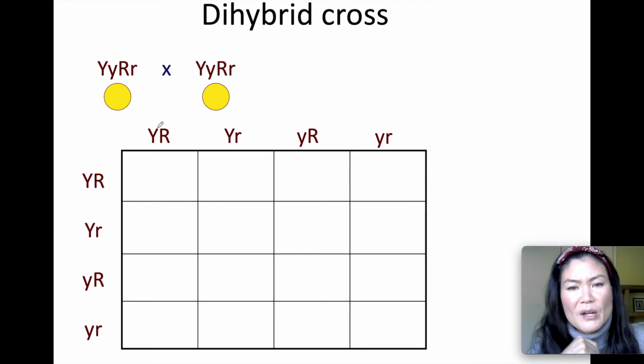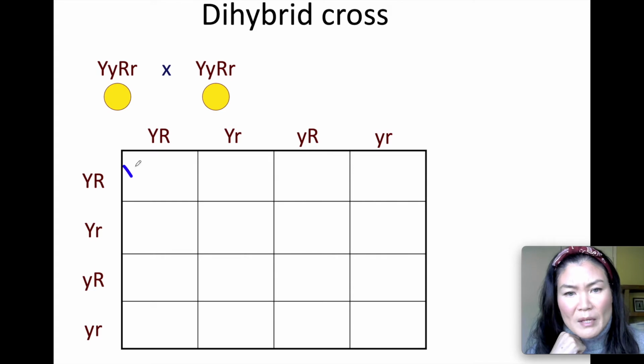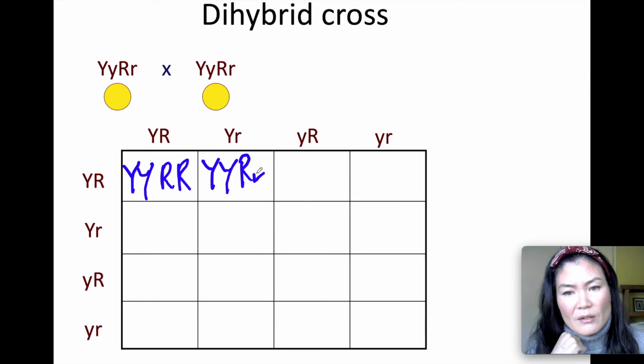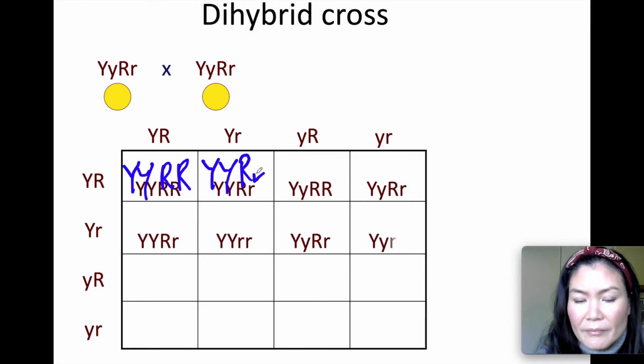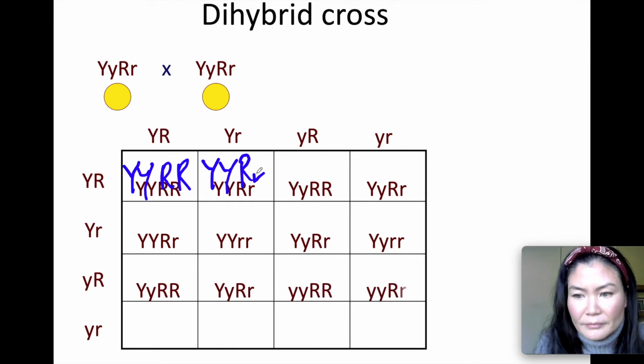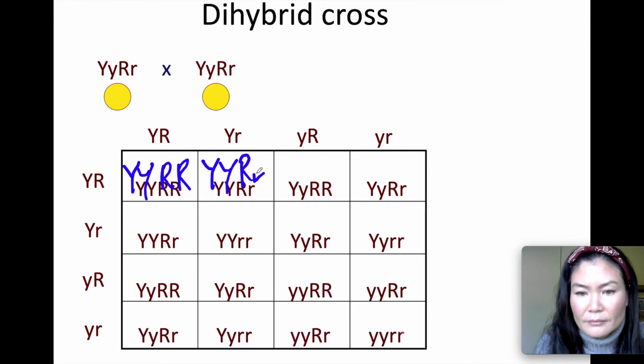You're going to bring the big Y's together. You're going to bring the big R's together. Big Y, big R, big Y, big R, little r. So let me let the PowerPoint actually fill it in for us. Okay? So that's what you're going to end up with.